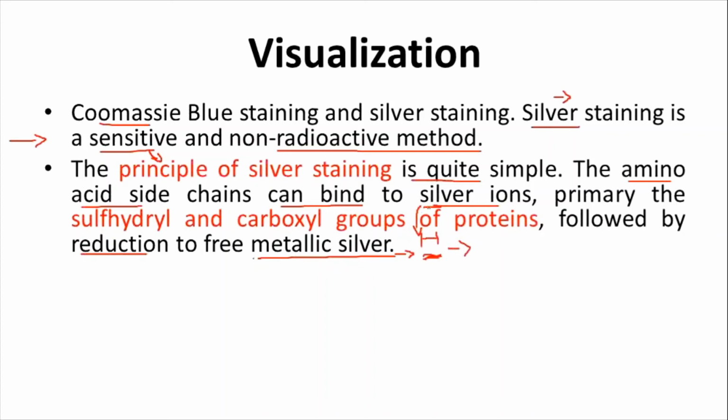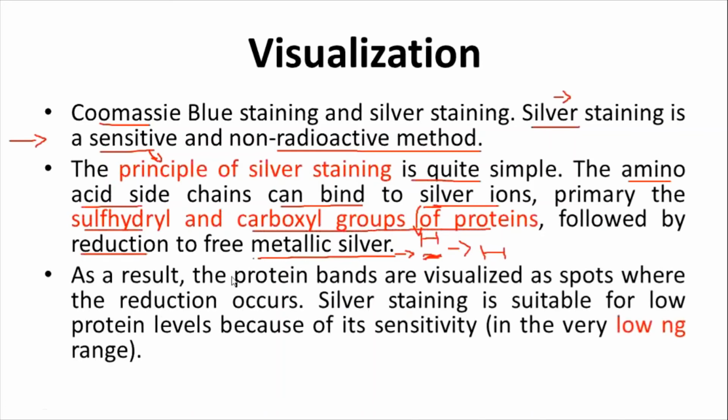Here the silver ions readily react with the side chains of amino acids, so they can be reduced, and then we can easily identify the small-sized proteins. The silver ion readily reacts with the sulfhydryl group of the side chain or the carboxyl group of the protein.